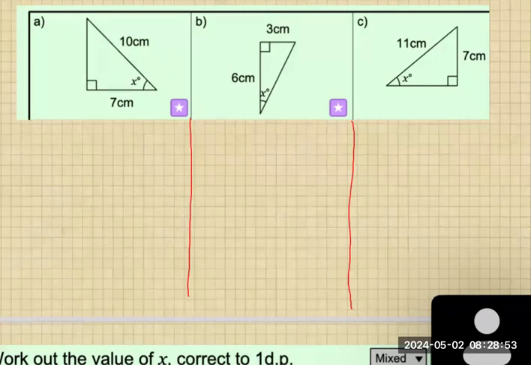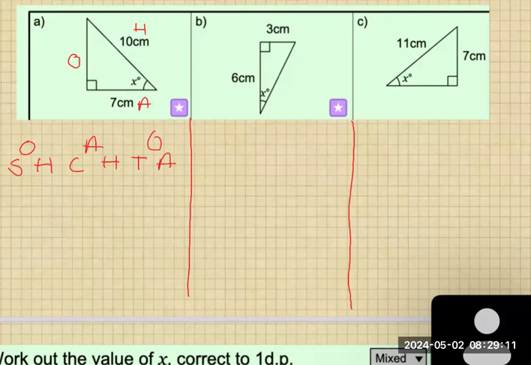So this first one, if I label it, this is the opposite, this is the hypotenuse, and this is the adjacent. So if we look at SOHCAHTOA, so silly old horses can't always hear their other animals.